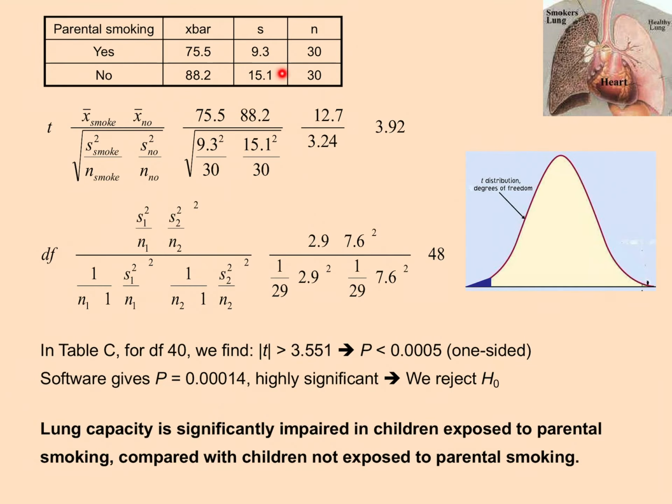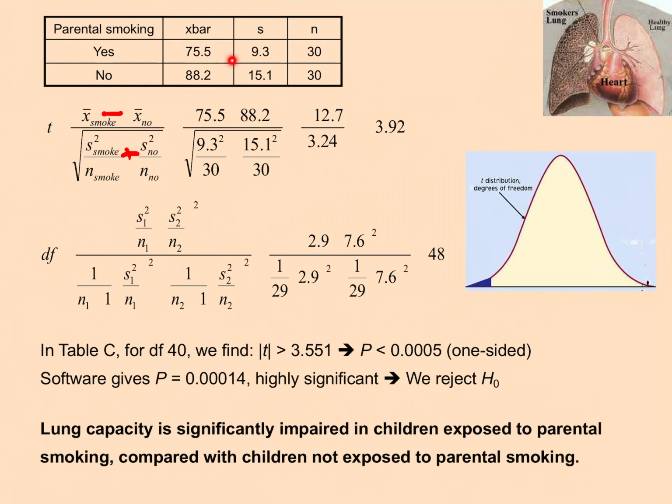Okay, so let's run through it. Again, we have our summary statistic table right here that we're going to need. I'm going to fill this in again. We have the mean of smokers minus the mean of non-smokers, and we're going to divide that by the standard error of the mean. So that's our denominator here.